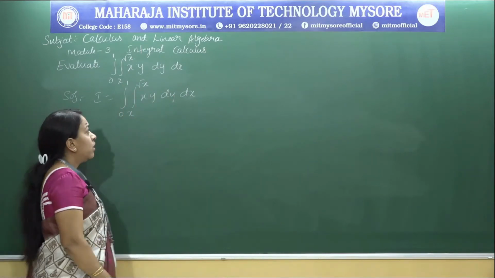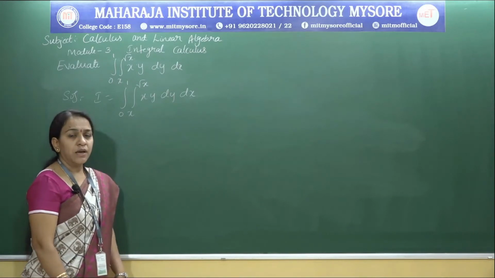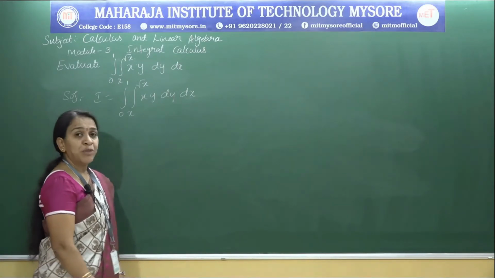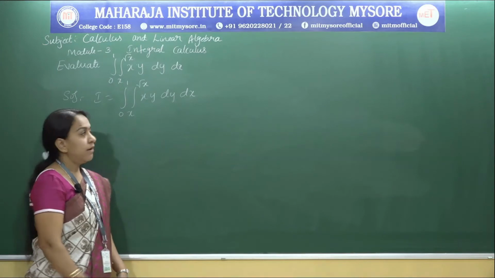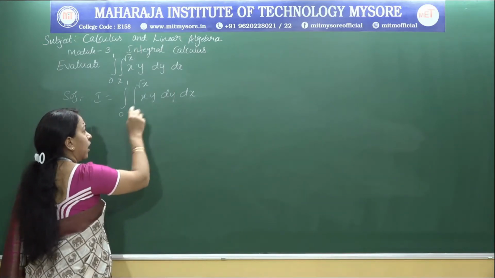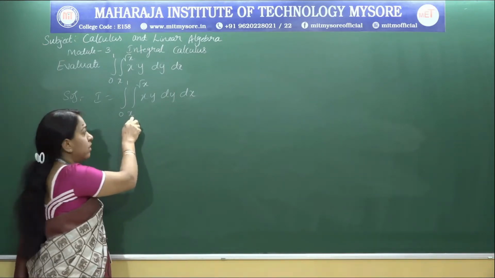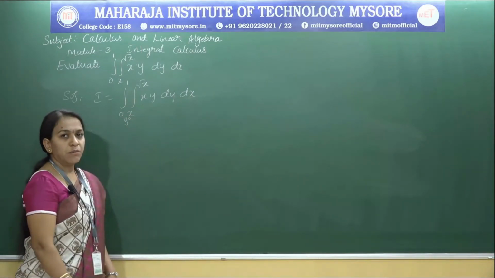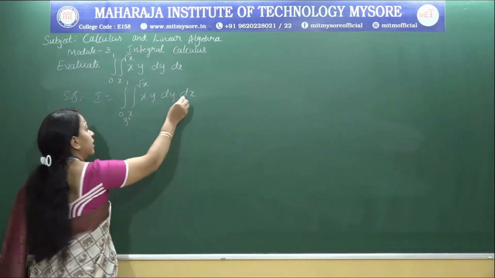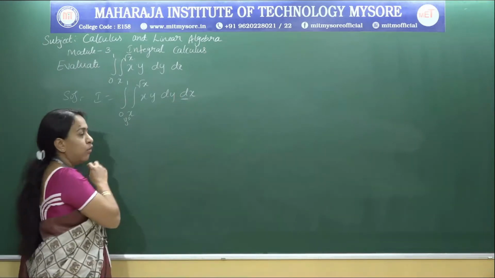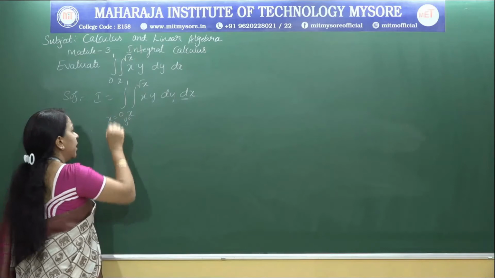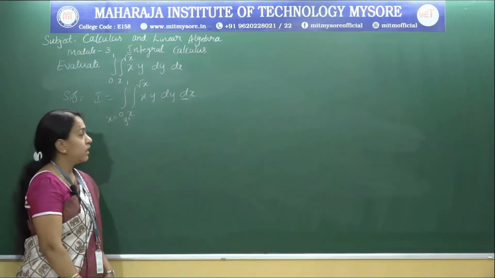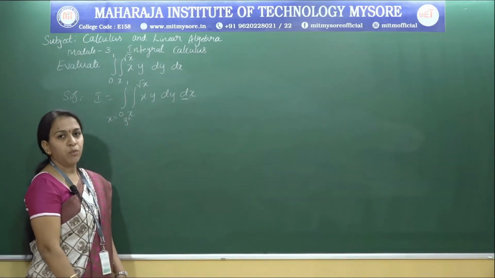Now before going to integrate, we should consider the limits of x and y. Since I have dy and x in a limit place, this should be the limit of the y variable. So y varies from x to root x, and then we have dx, therefore x is a constant limit and it is an outer integral, x varies from 0 to 1.